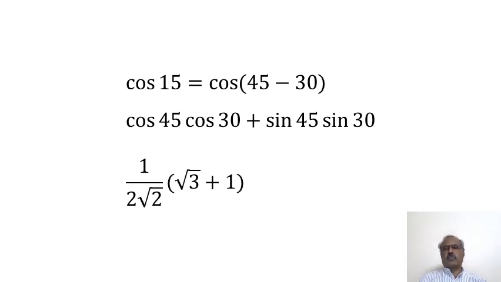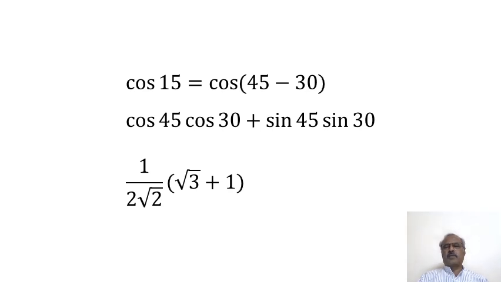Since 15 is equal to 45 minus 30, we will have cos 15 is equal to cos of (45 minus 30), which equals cos 45 cos 30 plus sin 45 sin 30, using the formula for cosine of difference of two angles. Now cos 45 and sin 45 equal 1 over root 2.